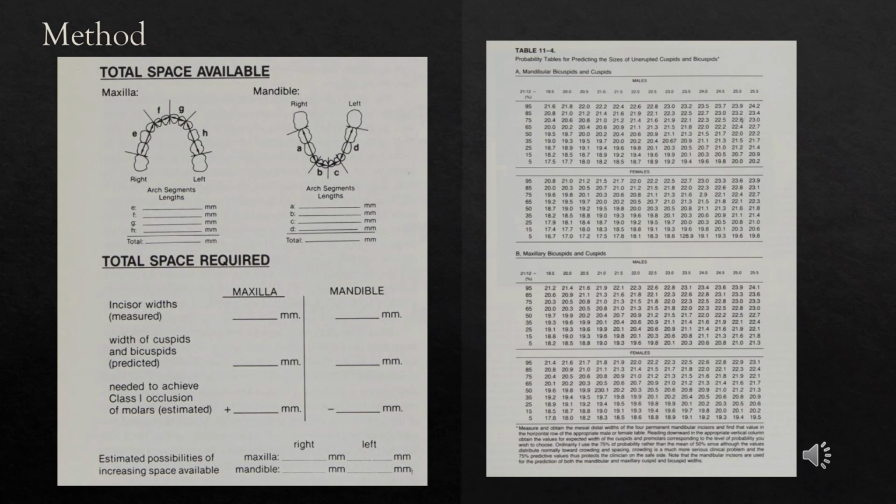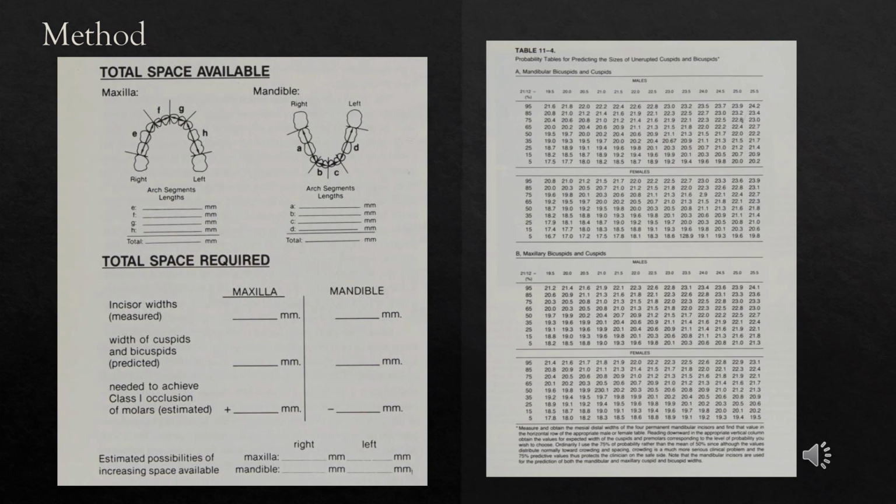Steps for performing Moyers analysis. First, measure the mandibular incisors. Accurately measure the greatest mesiodistal width, from front to back, of each of the four erupted permanent mandibular incisors, central and lateral, and sum them. This sum is your predictor value for entering the Moyers prediction tables.